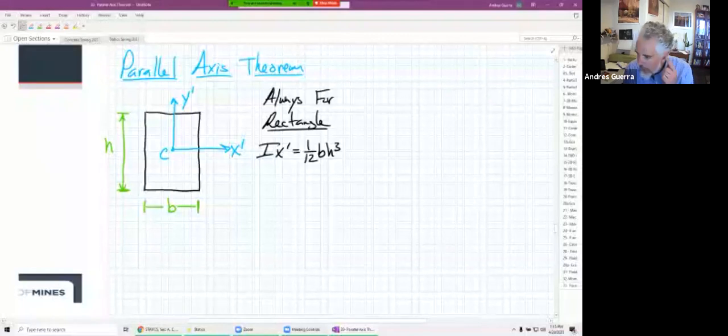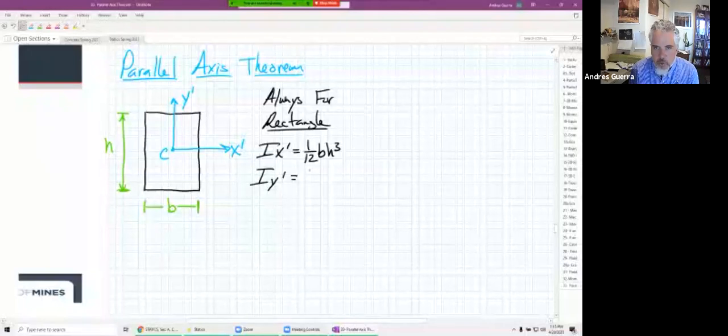And this is just something that we have to remember or be able to look up during an exam or when you're doing the homework. It's found by doing integration. We could go through and derive it, but we don't need to. We just need to remember these equations.